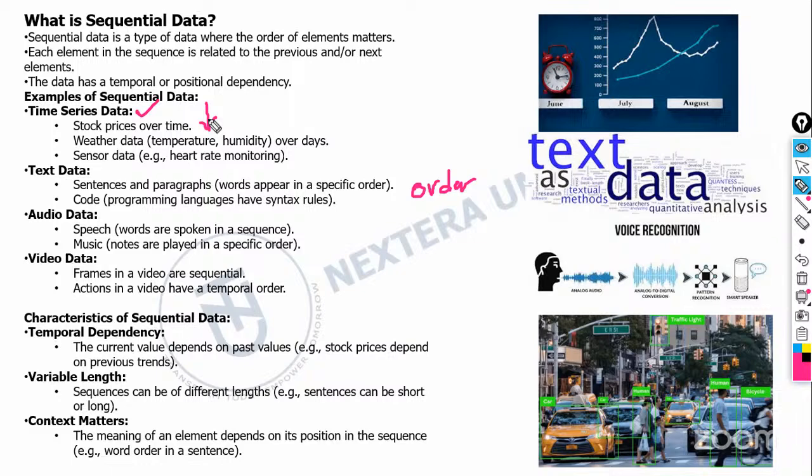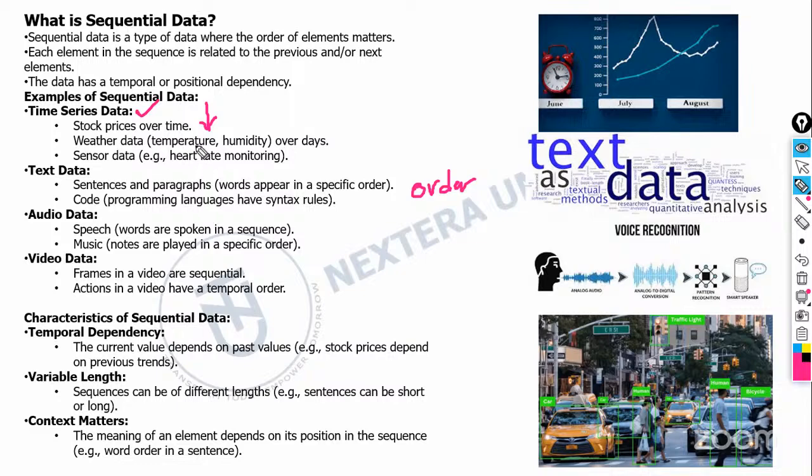So stock prices over time, which is time series data, is sequential data on which RNN can be built. I can use RNN to build a model for predicting stocks. Then weather data, that's what we have discussed.